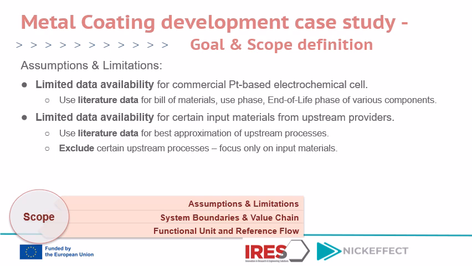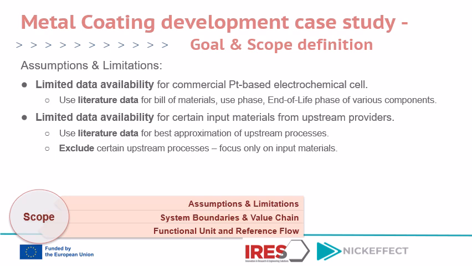There is also limited data availability regarding some input materials produced by upstream providers, so not within our consortium, but outside the consortium, the upstream providers of our partners, and the materials used in the development of the nickel-based coatings. For some of them, it is not easy to find information on how they are produced.